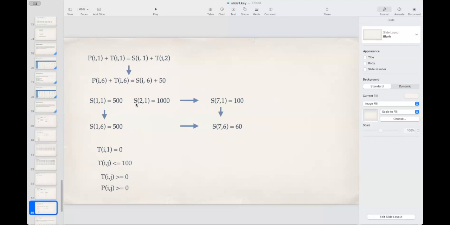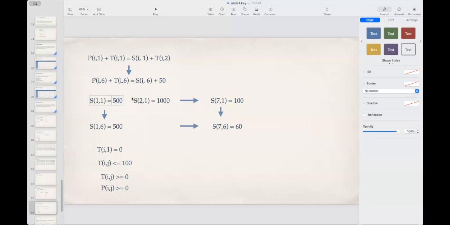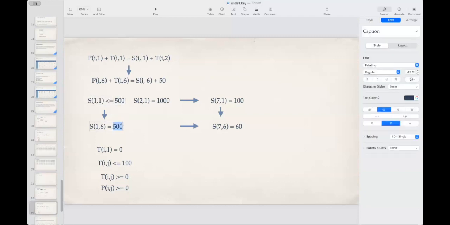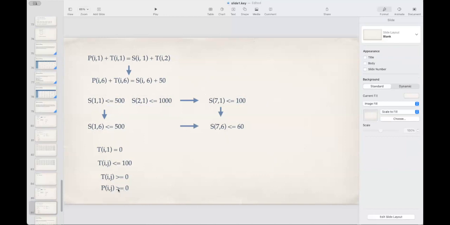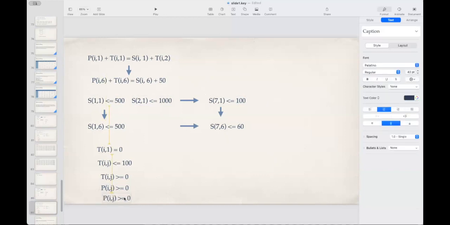Then this is the same, but this must be lesser than or equal. Lesser or equal, right? And we need another one for Sij.